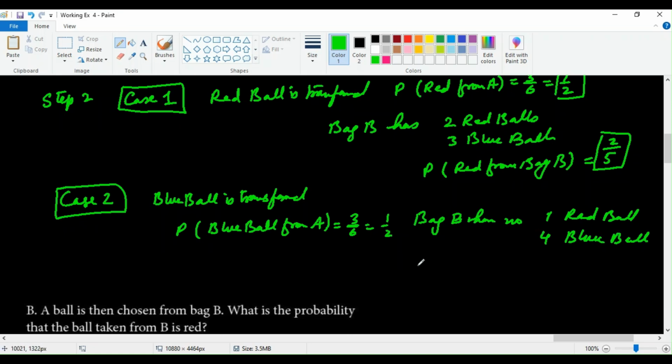So possibility of red from bag B is 1 over 5. So this we must remember for both the cases.